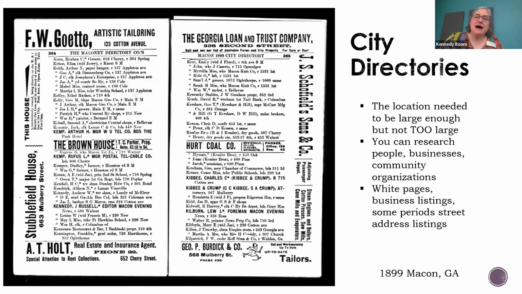So you can research businesses, community organizations, churches, etc. They had yellow pages, just like the phone books, which were business listings and advertisements. This happens to be one from 1899 from Macon, Georgia. That Louise Thornhill on that death certificate, it's her stepbrother, who's a grocer in Macon, Georgia at this time, JLB Kelly.